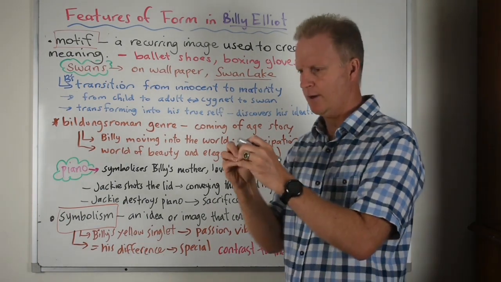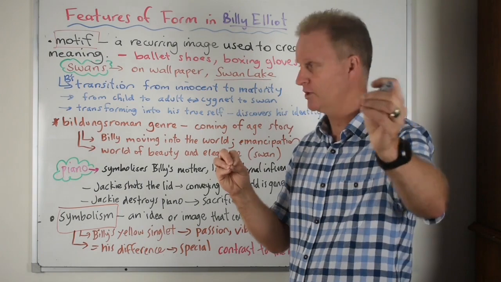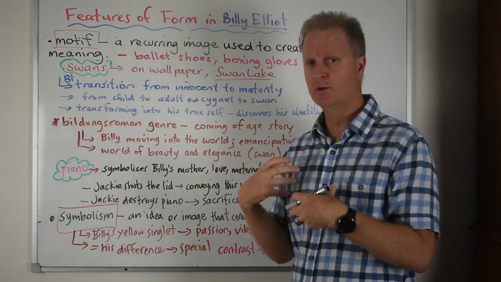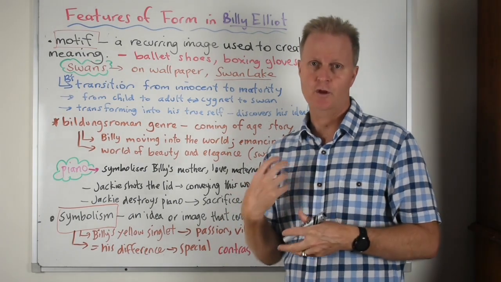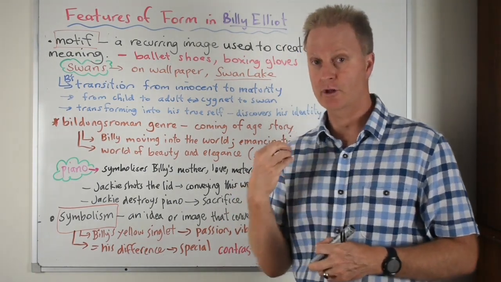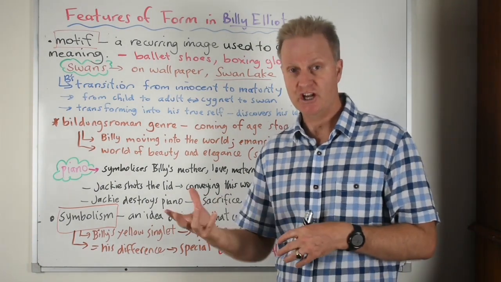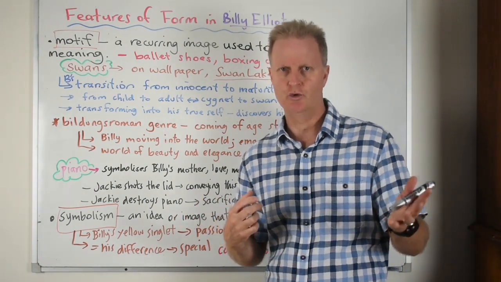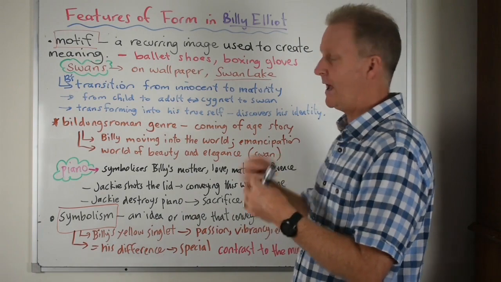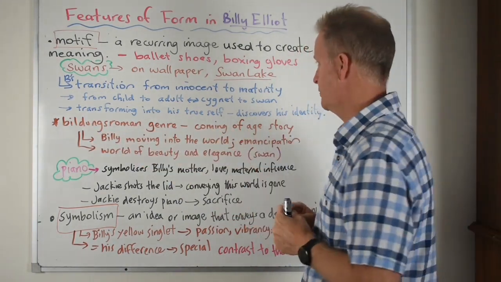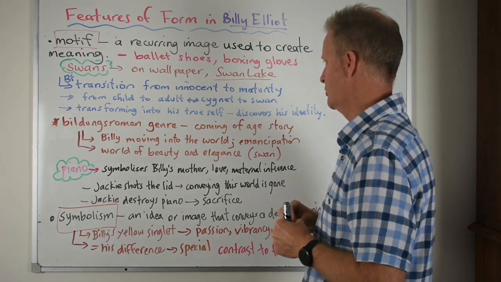So it's that progression from child into an adult, into him being able to enter the world. So at the start of the film, he's viewing the world through the eyes of an innocent child, and he's not aware of all these gendered expectations and social norms and things like that. And he navigates his way through that throughout the film to achieving that point of maturity.